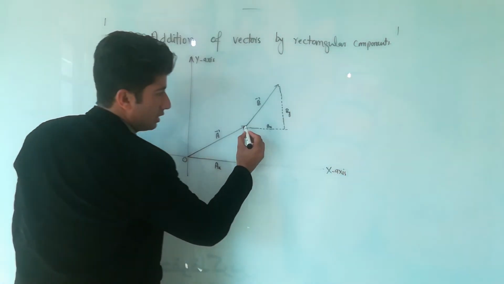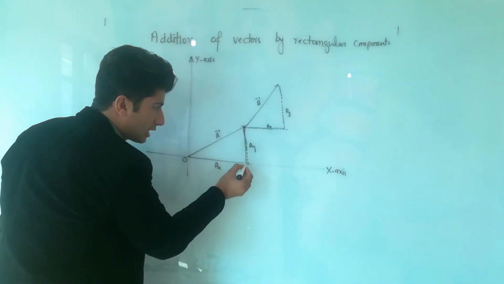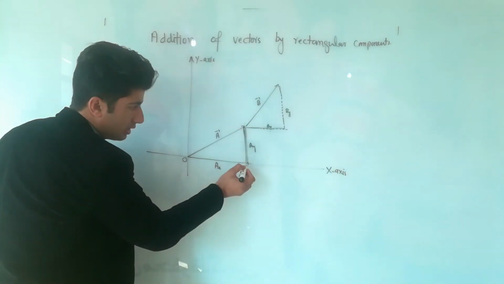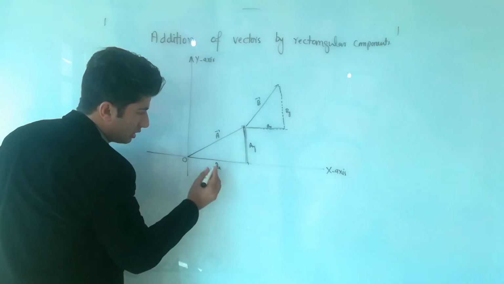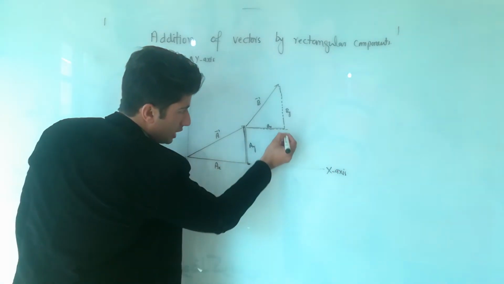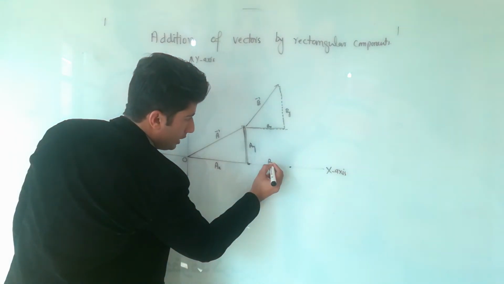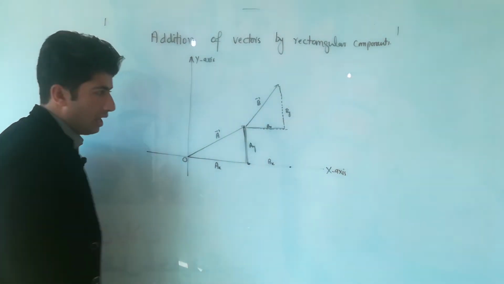Similarly, the vector a goes up to this point, right? Yes, up to this point we have vector a. From the origin to this point this is ax, but from this point to this point it will be bx. Understand?